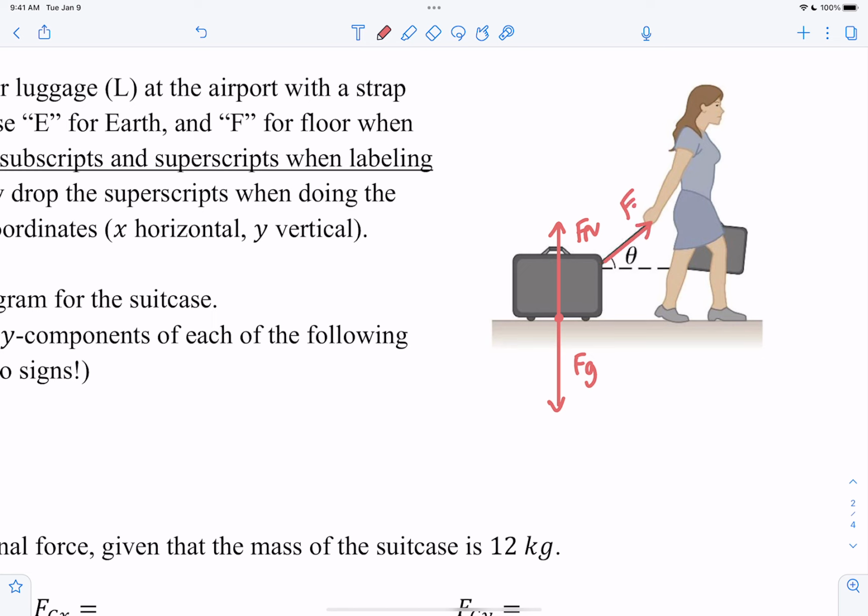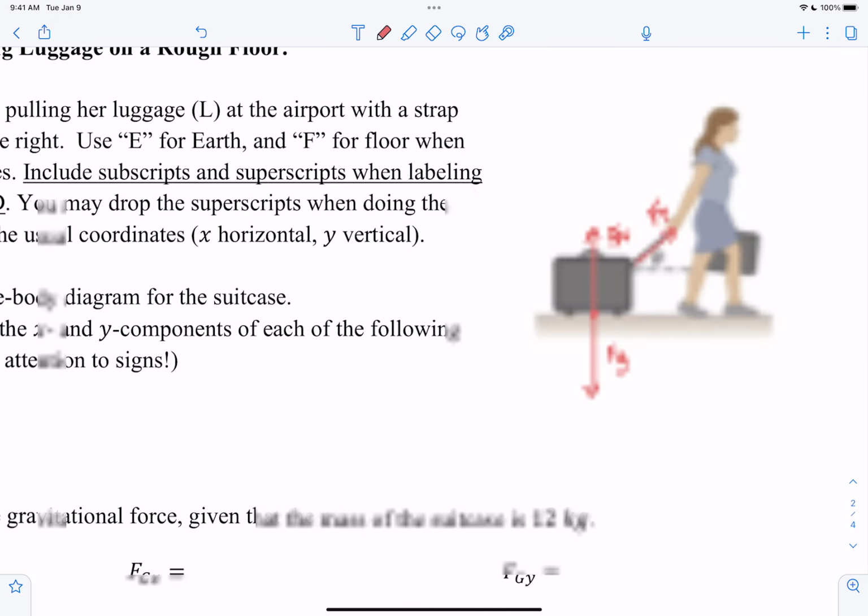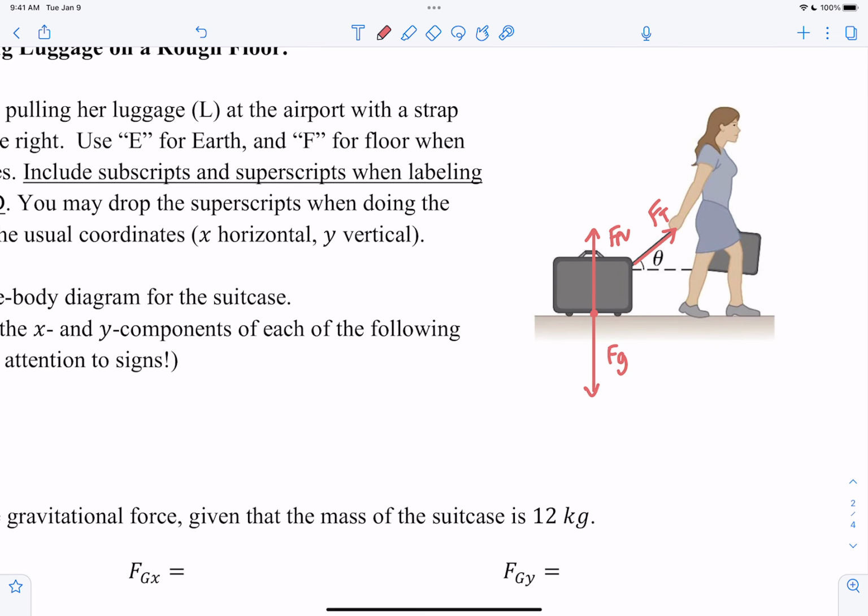There's F_T. And then someone said friction, yep, friction. So we have a little itty bitty friction force, and this is going to be kinetic friction again, because it's this luggage sliding across the floor. Now, you would think that, okay, well, there's some wheels, so why isn't it rolling friction?